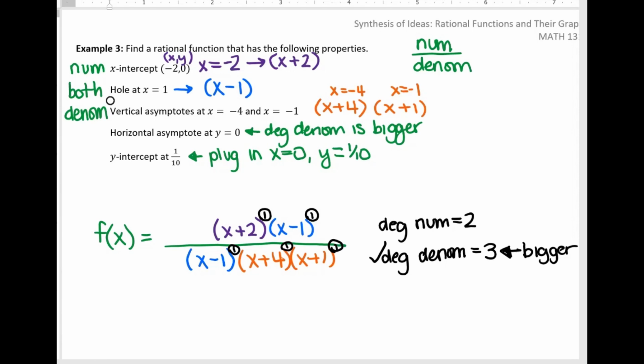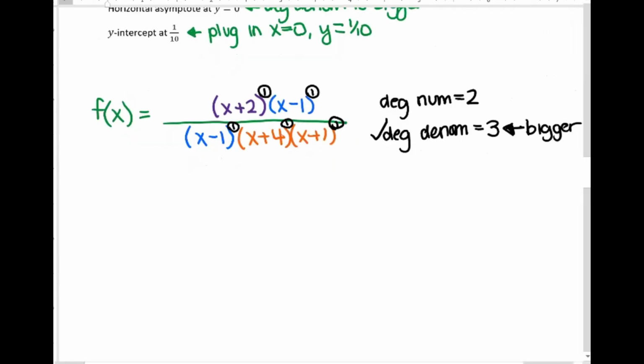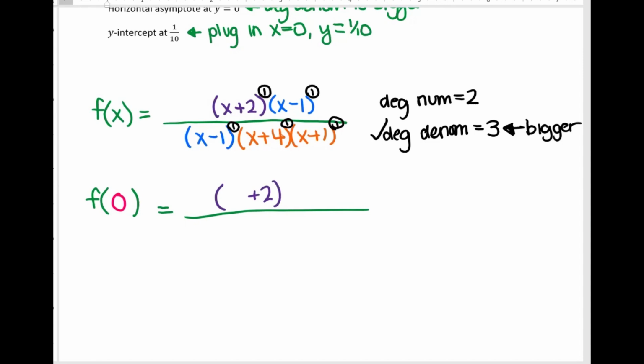Now we're going to double check that hole y-intercept thing. So let's plug in 0 every time we see an x. And from there, we can see if we get that 1/10. So instead of x plus 2, we're going to have 0 plus 2.